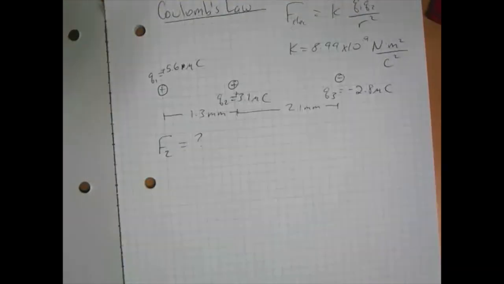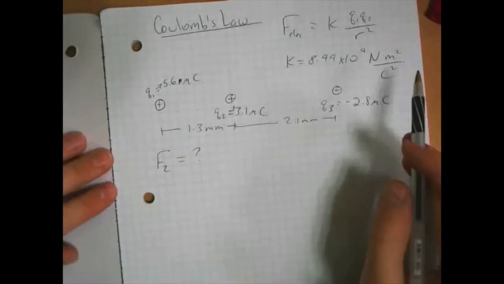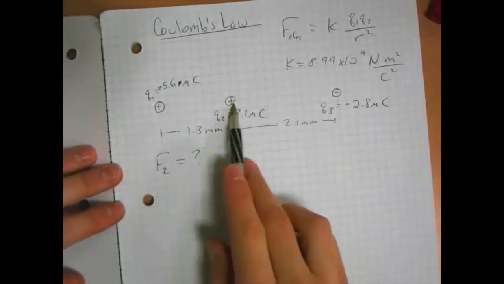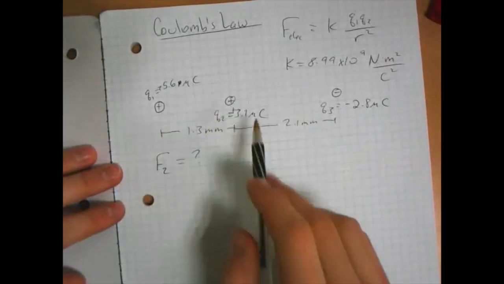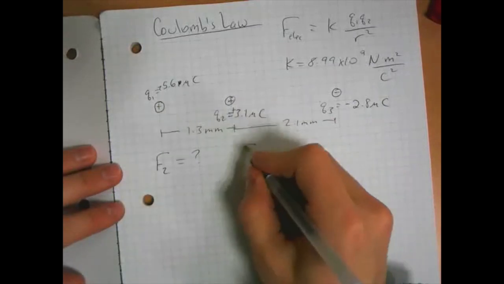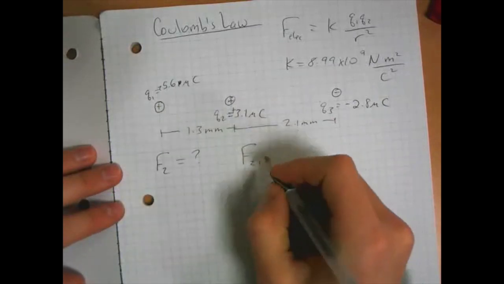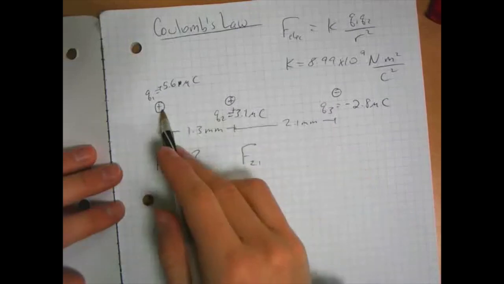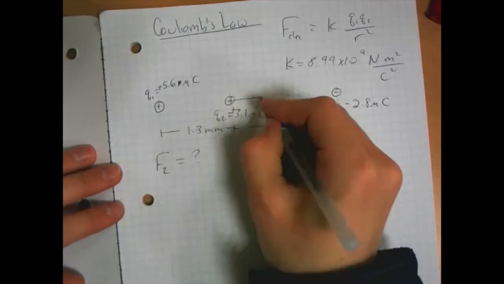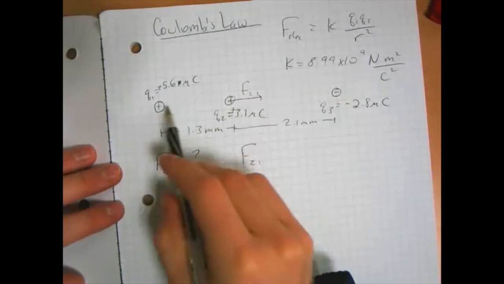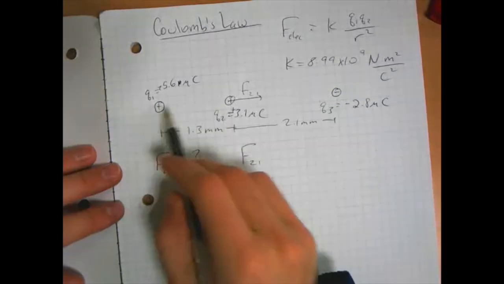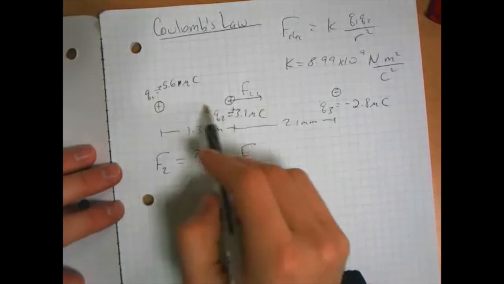This is applying our Coulomb's law and applying what we know about the direction of forces. So our force on 2 from 1 is going to be to the right because these two charges repel, and so Q2 is pushed to the right by Q1.